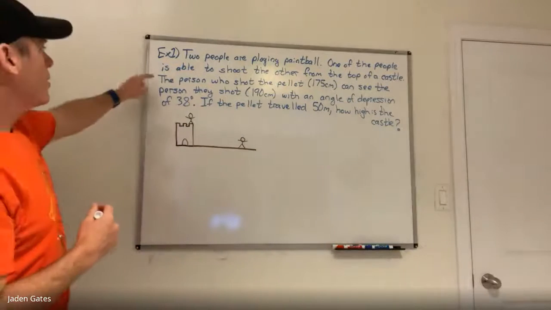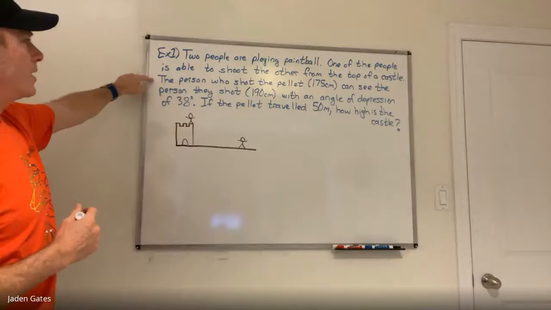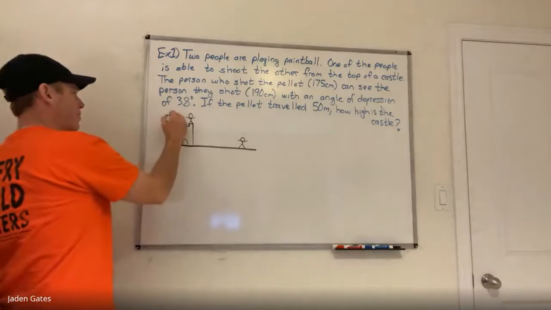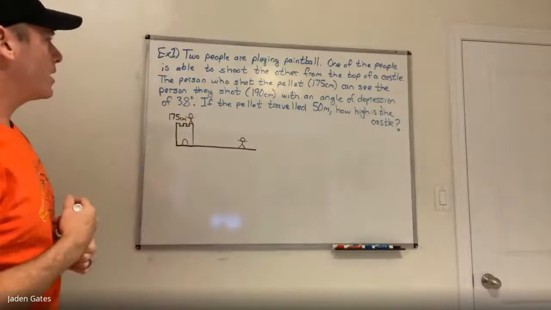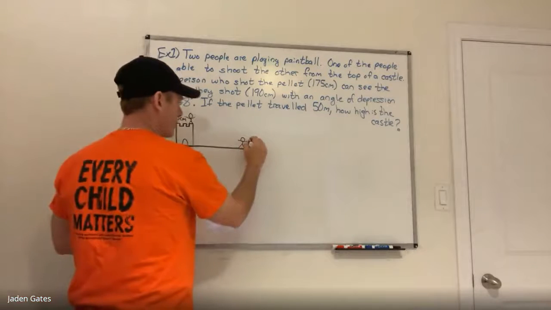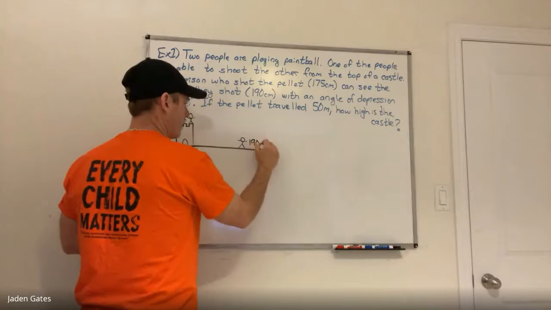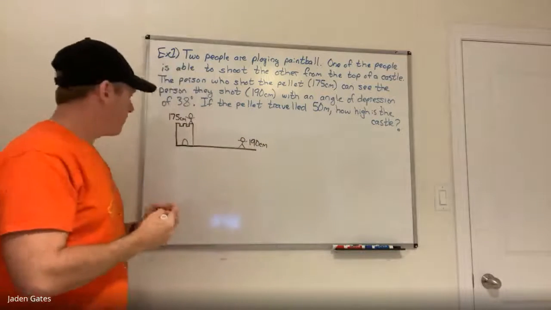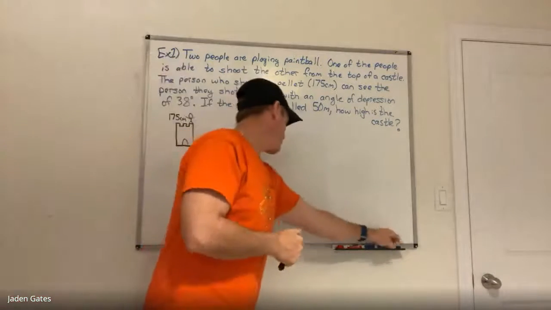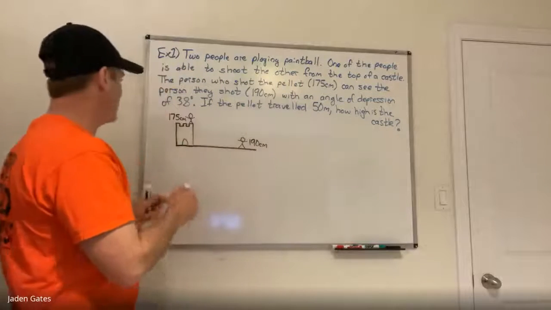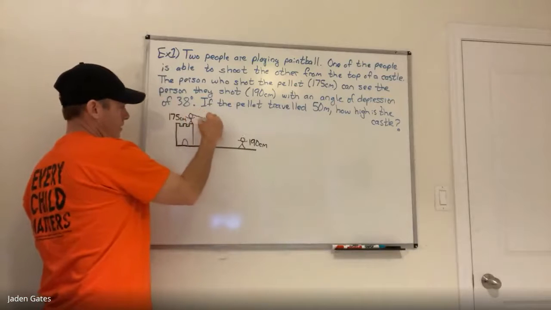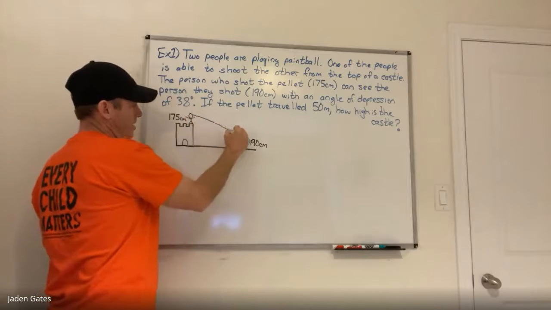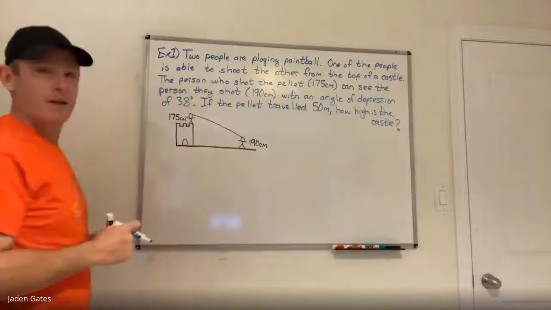The person who shot the pellet is 175 centimeters, that tall. The person down here is 190 centimeters. Now, one person, we'll pick a different color, shoots the pellet and gets that person. Headshot.